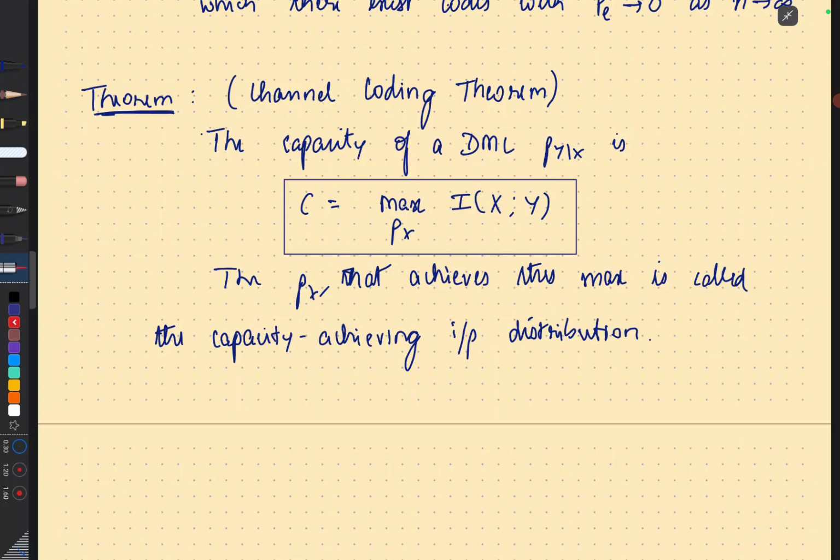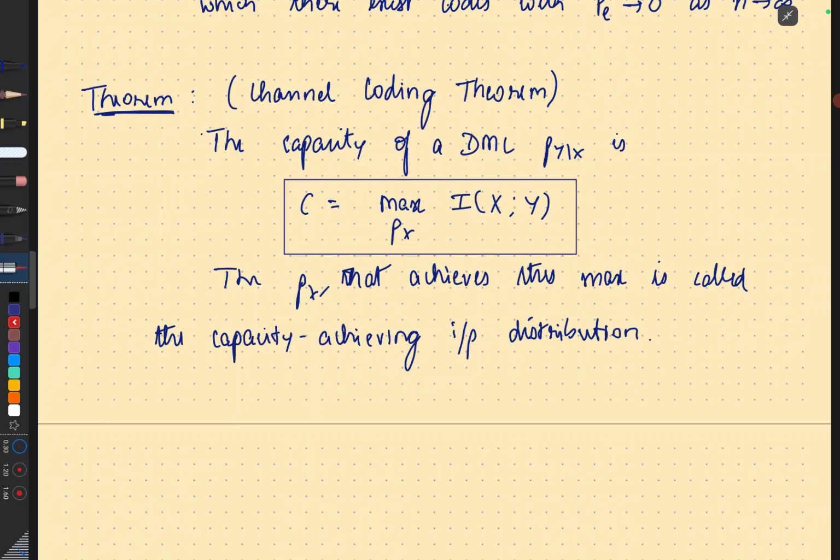What is given to you is the channel, which is Py given x, and Px is something that you are free to choose. So if you want to maximize the amount of information that you can send through this particular channel Py given x, that would be the maximum over all possible Px of the mutual information I(x;y). So that's the intuitive interpretation of this quantity, which is the channel capacity.